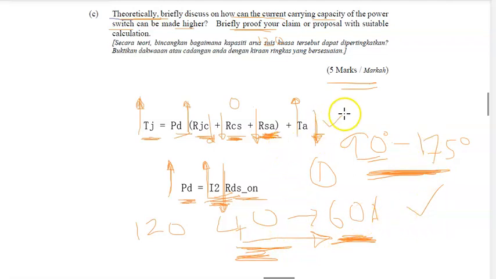One is for your theory, 2 marks for your calculation, and another 2 for your data and trend. Data and trend means you calculate, discuss and prove with suitable calculation. So that's 5 marks for your question C.